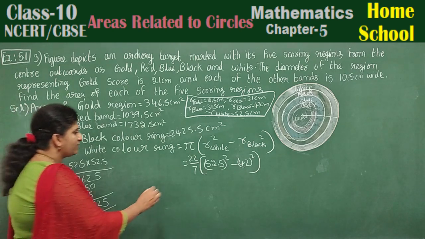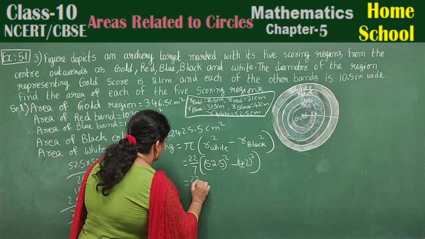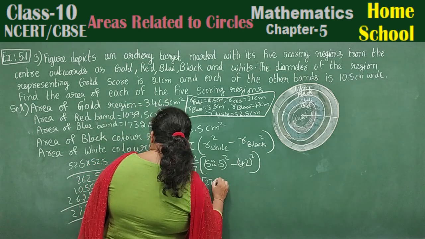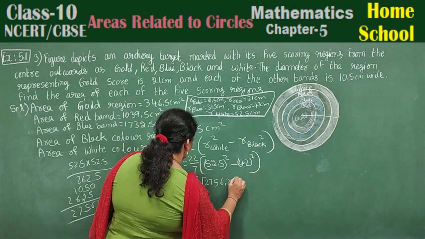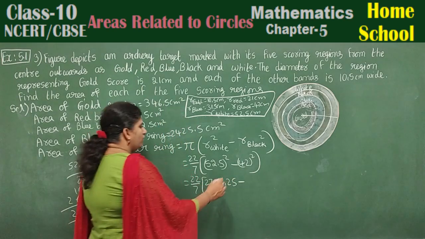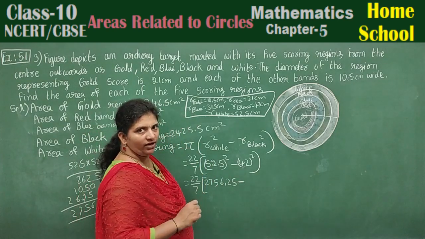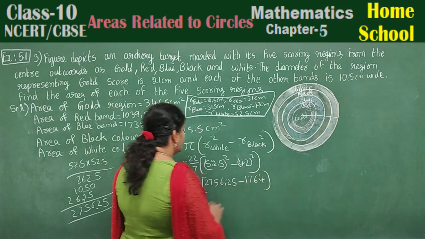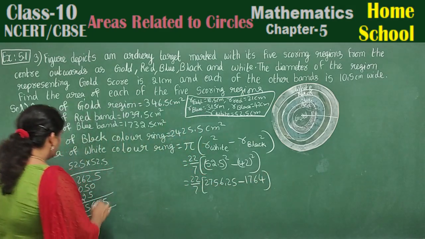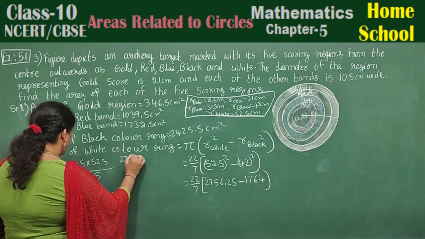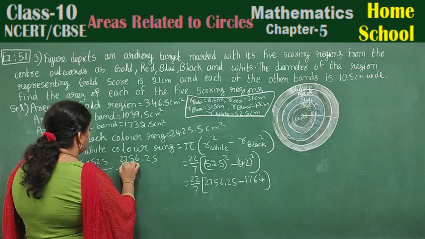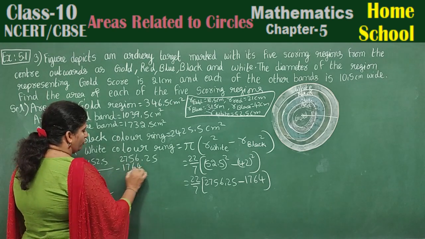That will be equal to 22 by 7 into 2756.25 minus 42 square you got before, right? That will be 1764. Subtract these two. 2756.25 minus 1764.